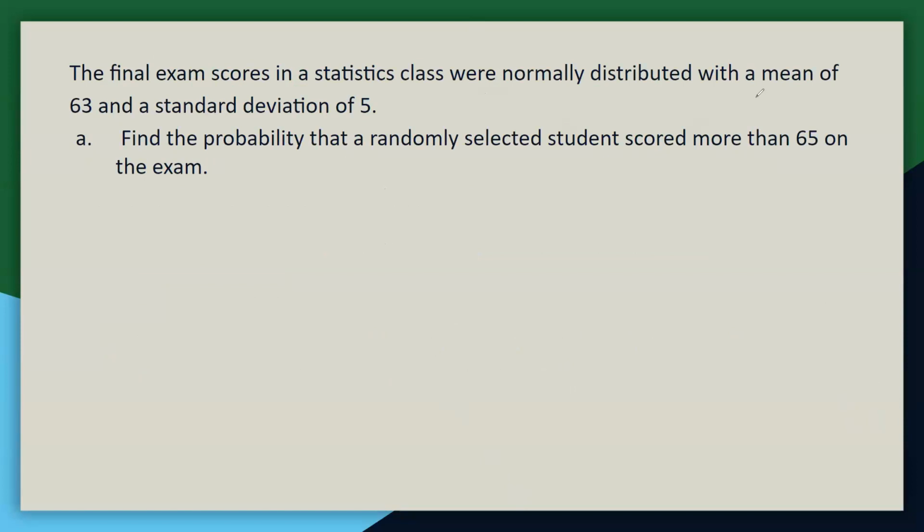And I can see that my mean is 63. And I can see that my standard deviation sigma is 5. And I can tell that they say find the probability, so I'm looking for a P, that a randomly selected student, X, is more than 65.